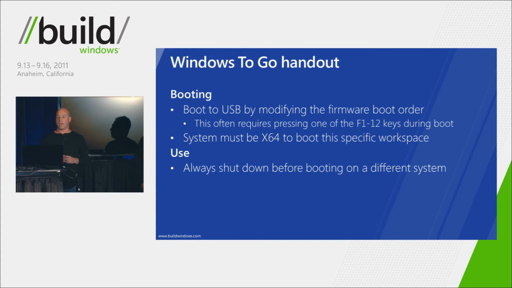The same way that you would image a desktop or laptop machine using something like ImageX is how you would create a Windows to Go workspace, or you could take one that you already had and duplicate it. You probably saw some of the blog posts that showed a utility, but that isn't in this build of Windows. But it is something that's very easily scripted with a very short script, and most likely you'll see that up on the web very soon.